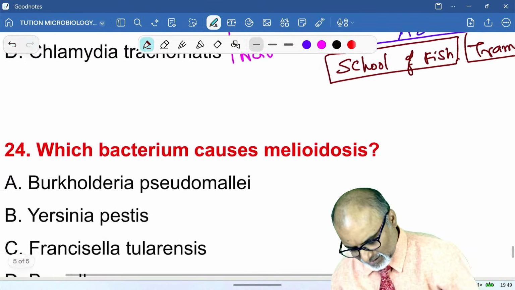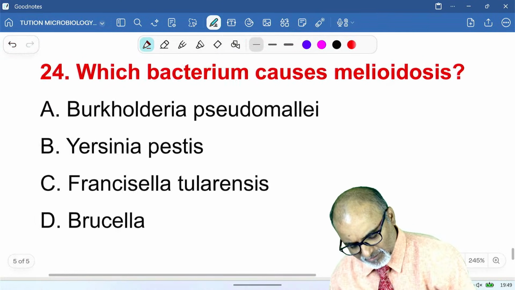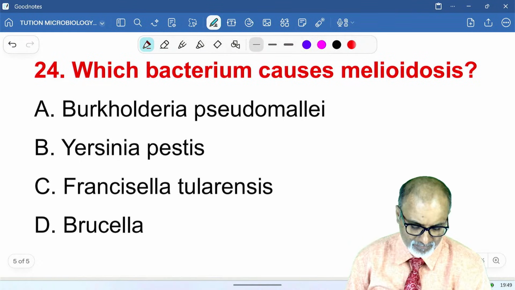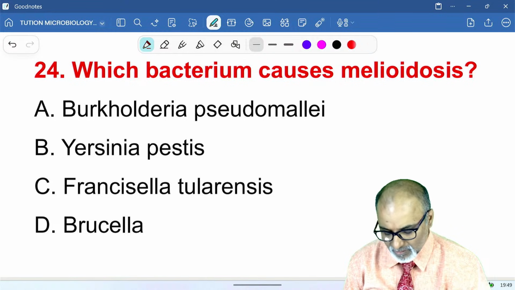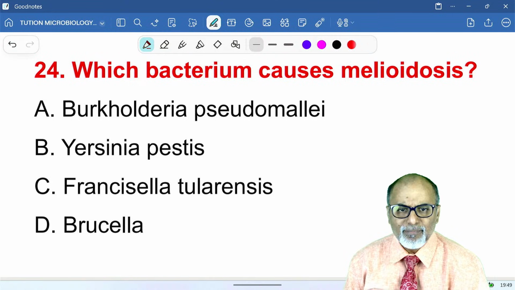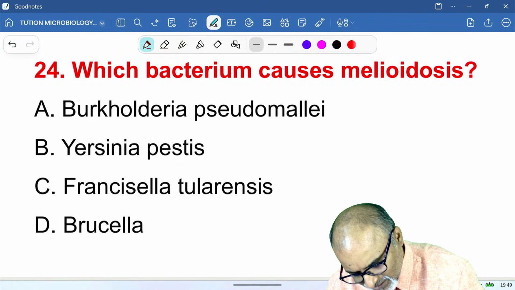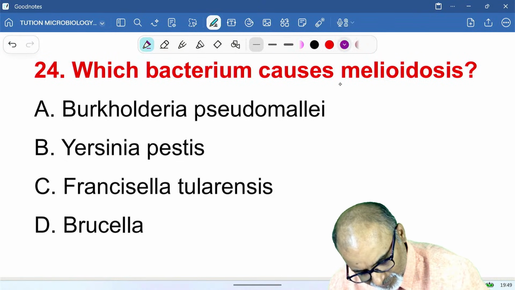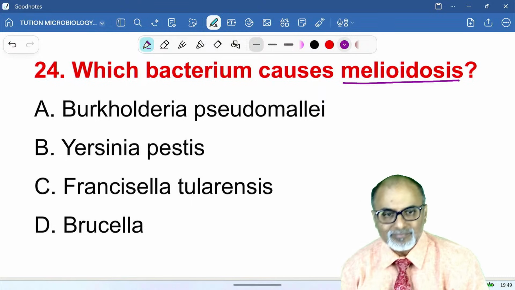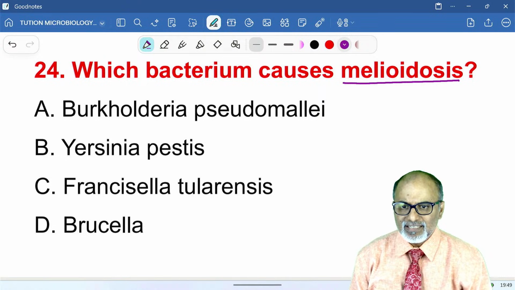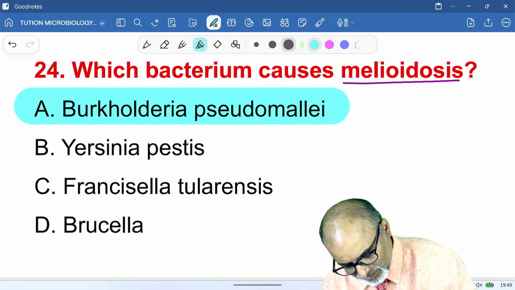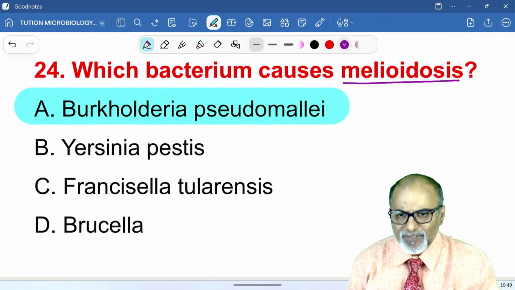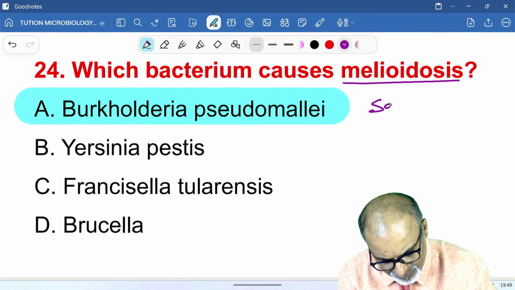Next is which bacterium causes melioidosis? Melioidosis is a clinical condition, a zoonotic disease caused by Burkholderia pseudomallei. It has a safety pin appearance, this bacteria.